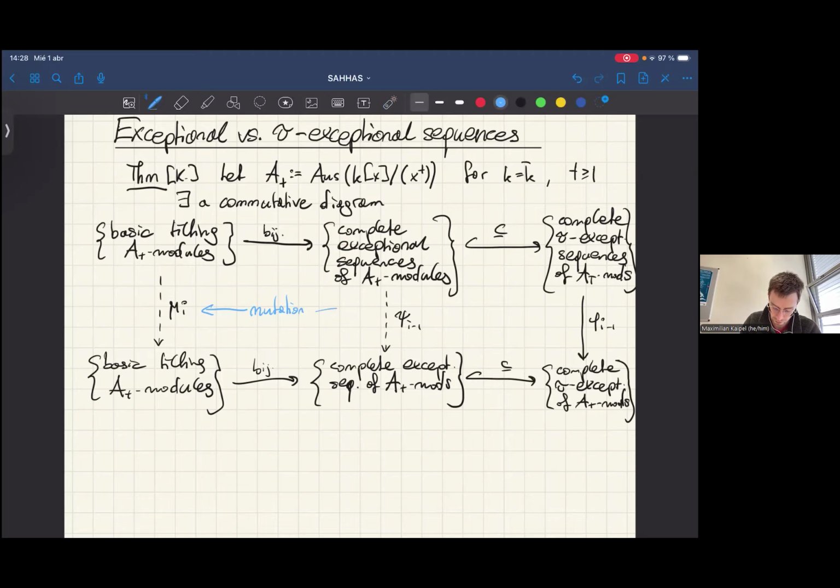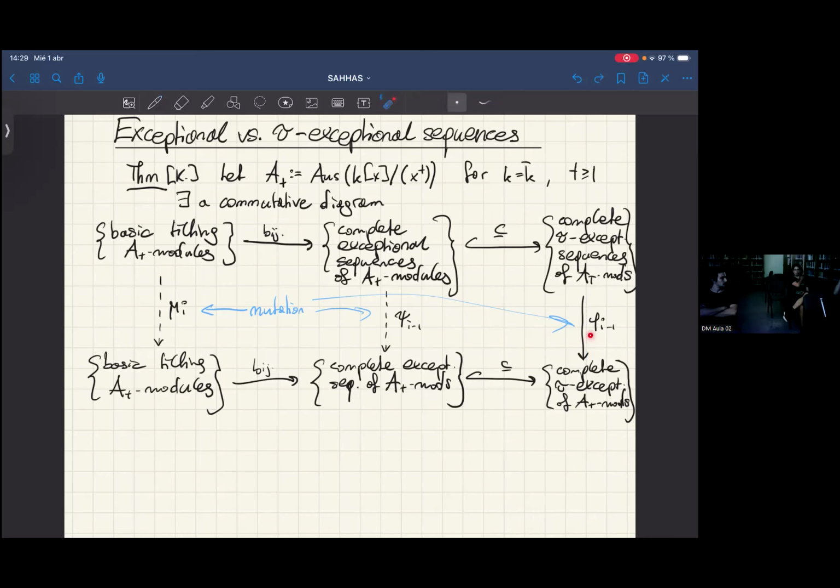These are all some kind of mutation operations. Okay. So Max, just to understand, the phi map, it always exists? Yes, and so this always exists. Sometimes it restricts to a mutation map on this smaller class of sequences? Exactly.